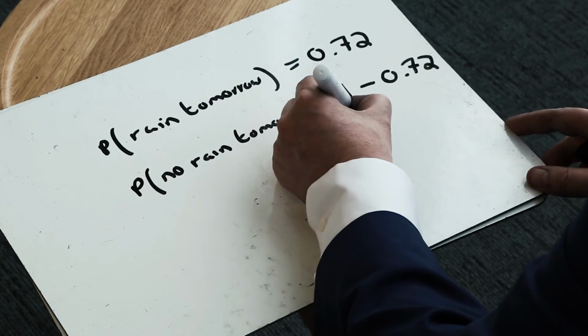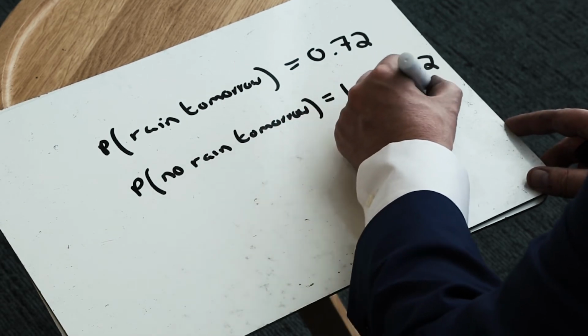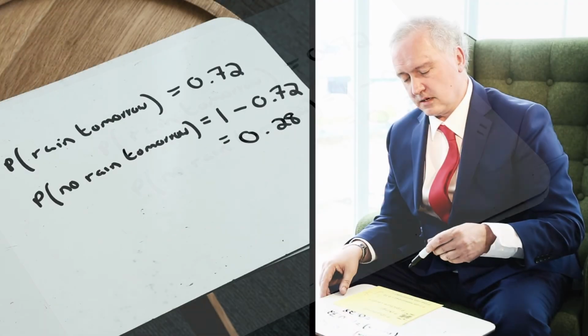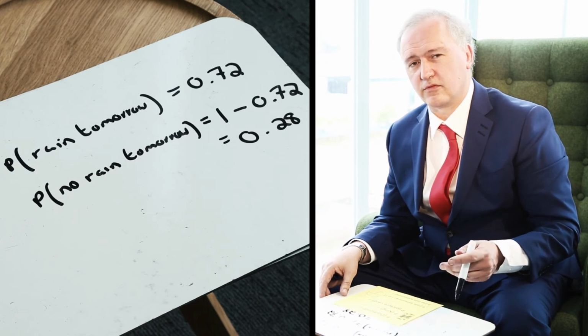So probability questions are very, very straightforward, providing we use the formula for the number of successes divided by the number of outcomes. Some probability questions are more ambitious, so often you may be asked to roll 2 dice. You've got to work out the probability of getting a 6 and a 6.